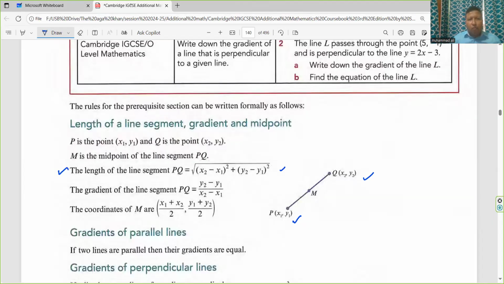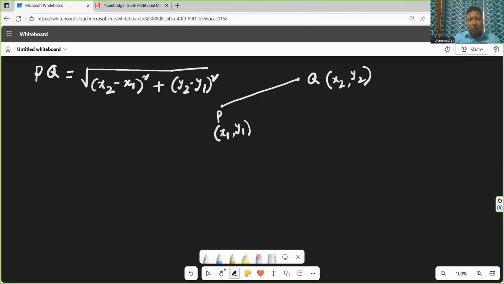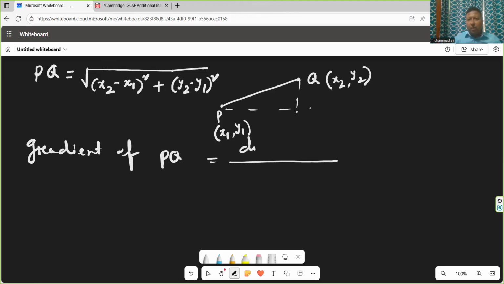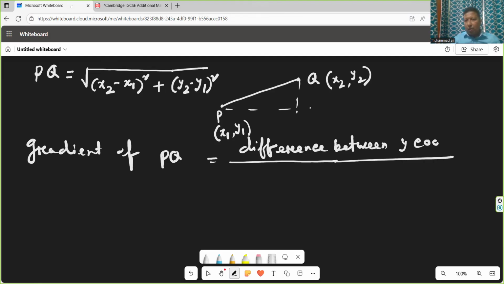Another formula, if we want to find out the gradient of these 2 points, the line segment PQ, we have to use the formula: difference between y coordinates divided by difference between x coordinates. So the gradient of PQ, this PQ line gradient, we have to write the difference between y coordinates divided by difference between x coordinates.